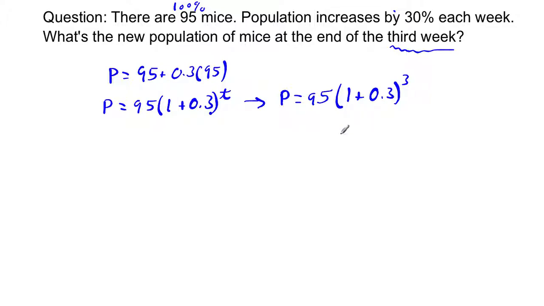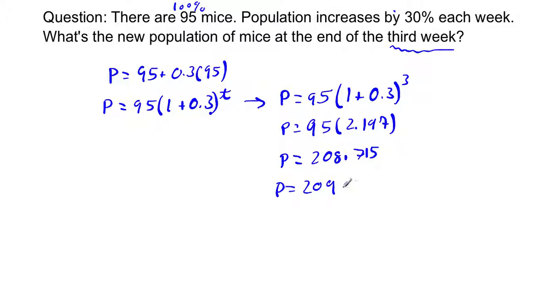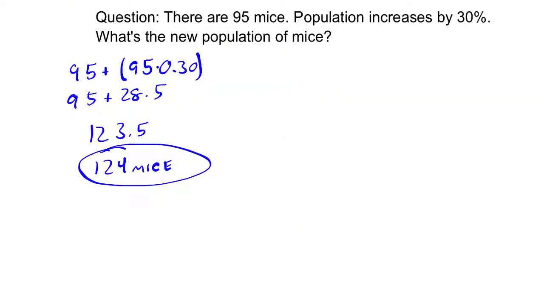So if I do 1.3 to the third, that's going to be 2.197. So what is that times 95? That's 208.715. And again, because we want whole numbers for mice, we're going to say 209 mice. So after the third week, we're going to have 209 mice.